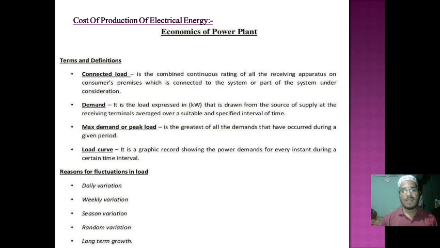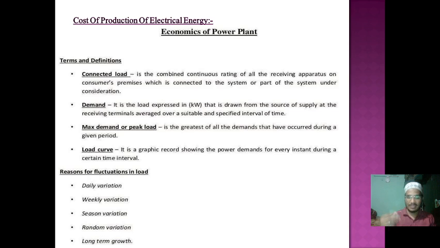Reason for fluctuation in load. What is fluctuation? Fluctuation is the rising and sometimes falling of the load capacity, meaning an up and down condition. Sometimes the load is more as per the customer's requirement, and sometimes the load is decreased.